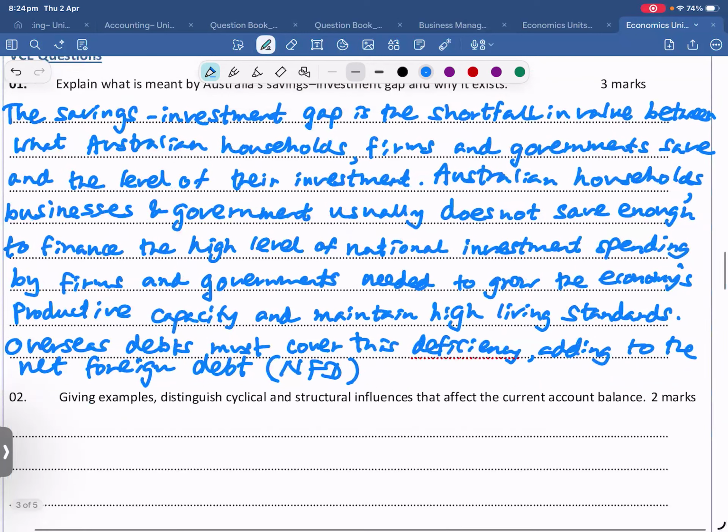Okay, guys, there's a mistake in the paper. Shall I fix it? This question number 2 is a repetition from the previous one.